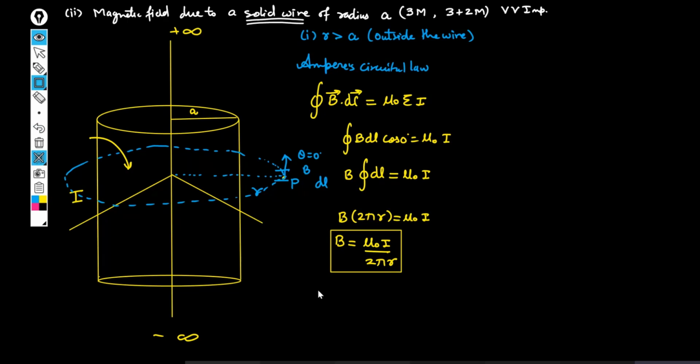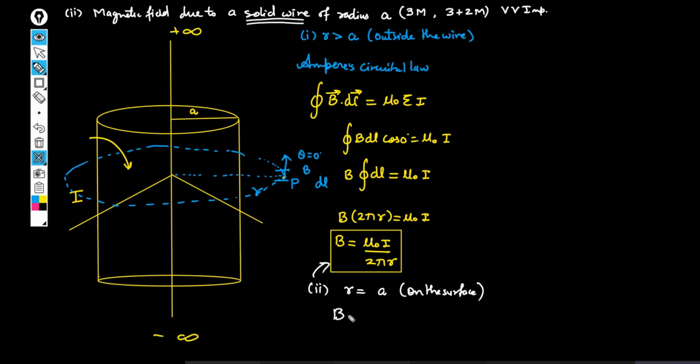Yes, sir. Okay. Now the second situation, when r is equal to a, it means on the surface. Now on the surface, in the above expression we will write r equals a.